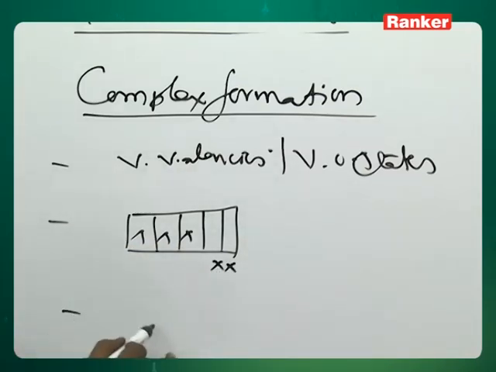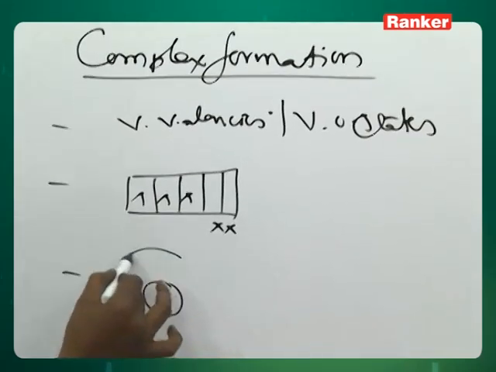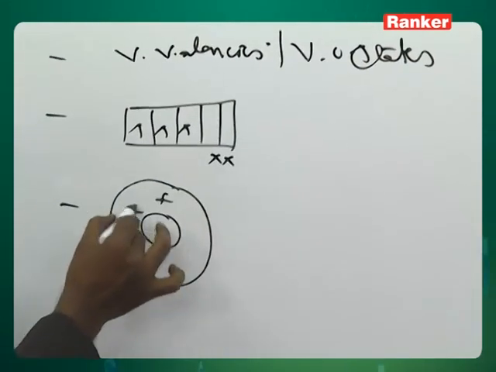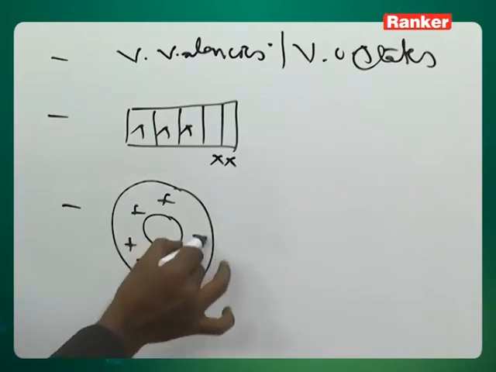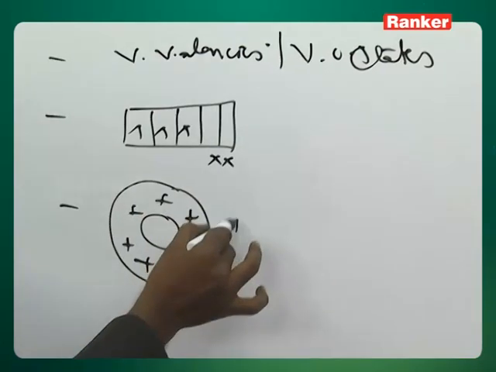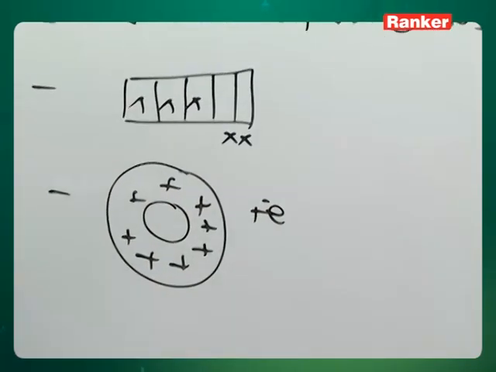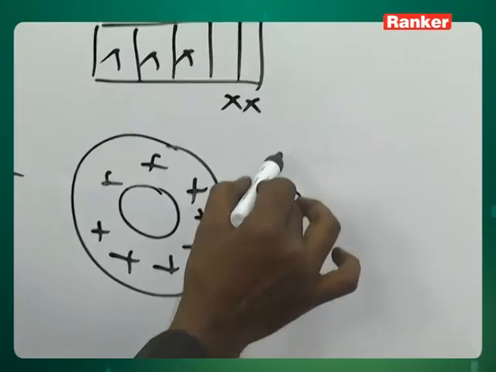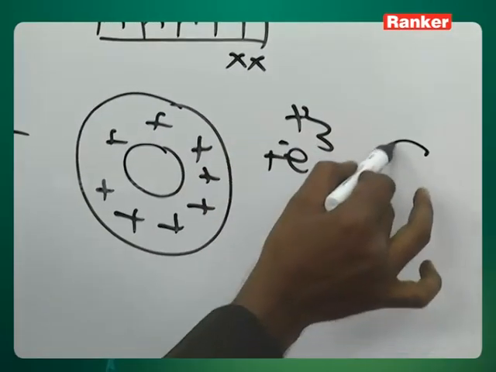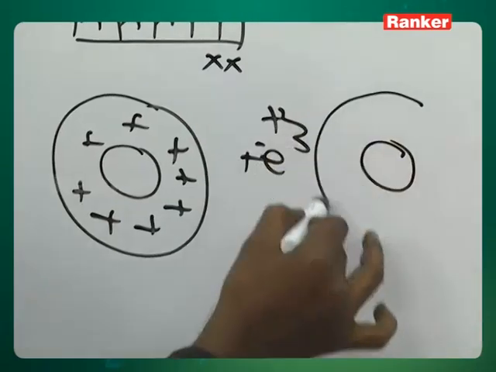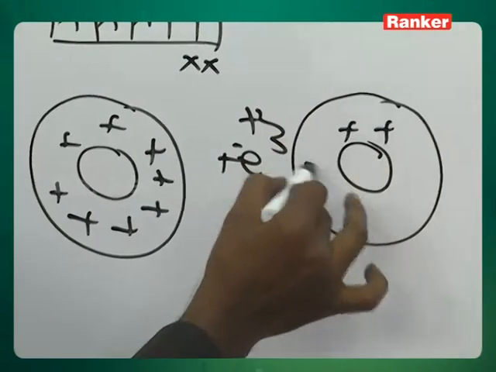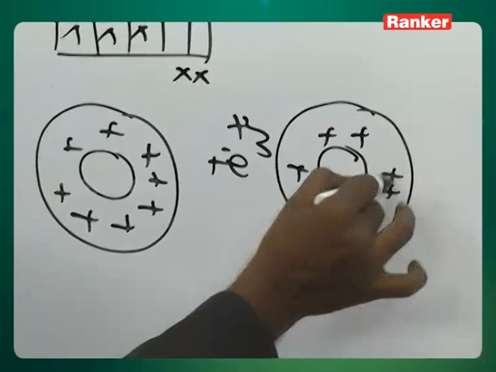Next, smaller size of their cations and greater charge density. Consider this particular ferric ion, Fe plus 3. Fe plus 3 is very small in size and possesses greater positive charge density.